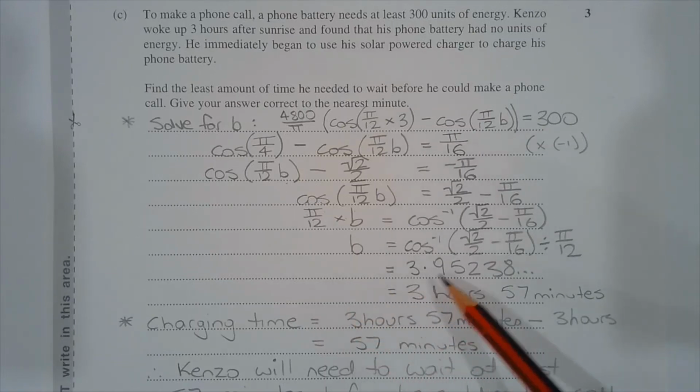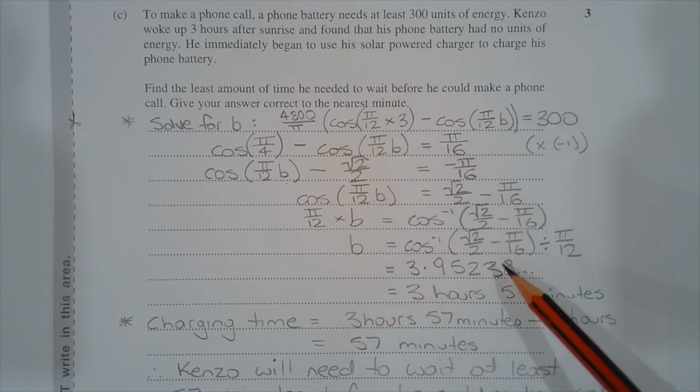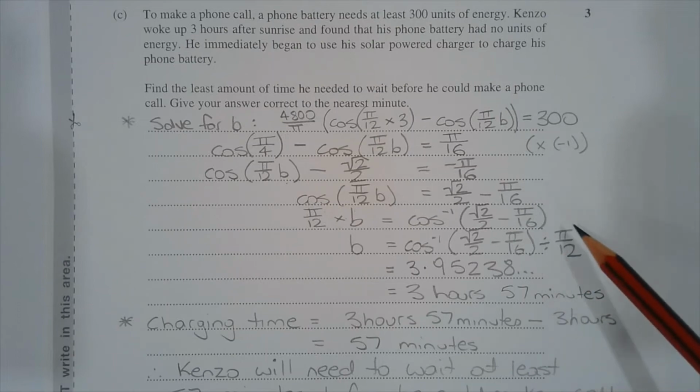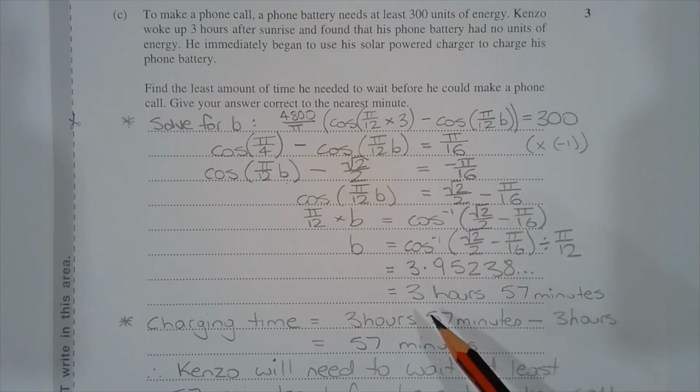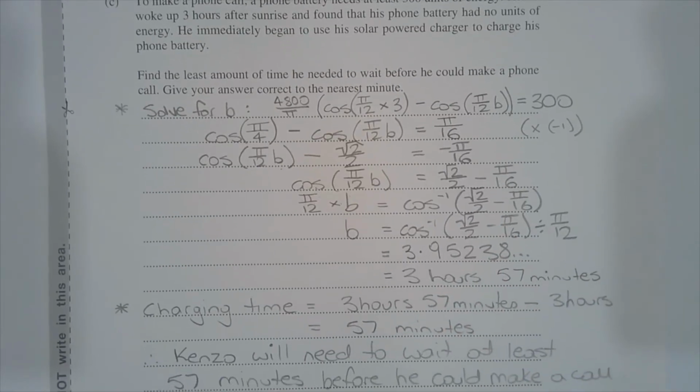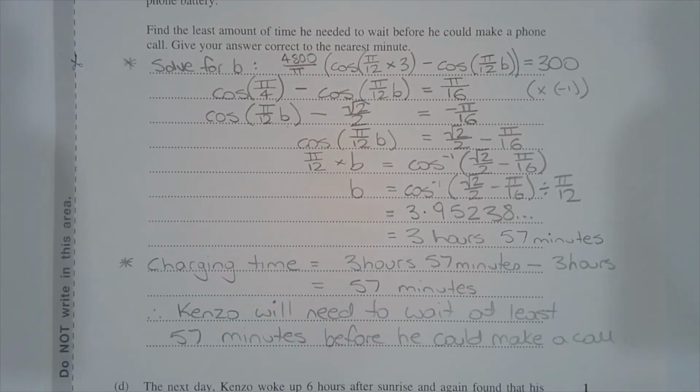Therefore, B is equal to inverse cos of (root 2 on 2 minus π/16) divided by π/12, which equals 3.95238 and so on, hours, and converting that into hours and minutes, that equals 3 hours and 57 minutes. Now to find the charging time, which is the amount of time that Kenzo has to wait, of course, charging time is 3 hours and 57 minutes minus 3 hours, which is equal to 57 minutes. So therefore Kenzo will need to wait at least 57 minutes before he could make a call.